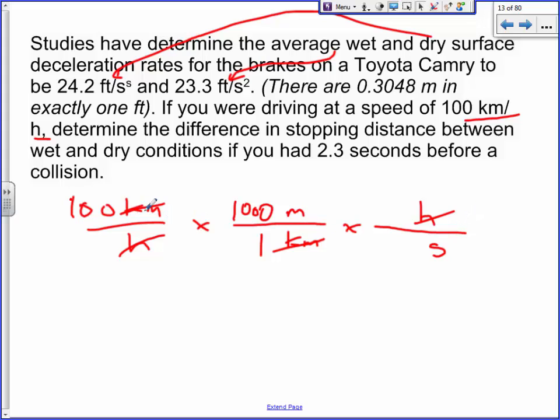So this kilometers cancels with that one there. This hours cancels with that one there. And now the units that are left are ones I can work with: meters over seconds. What's the ratio between hours and seconds? 3,600, yeah, because there's 60 seconds in a minute times 60 minutes in an hour. So there are 3,600 seconds in 1 hour.